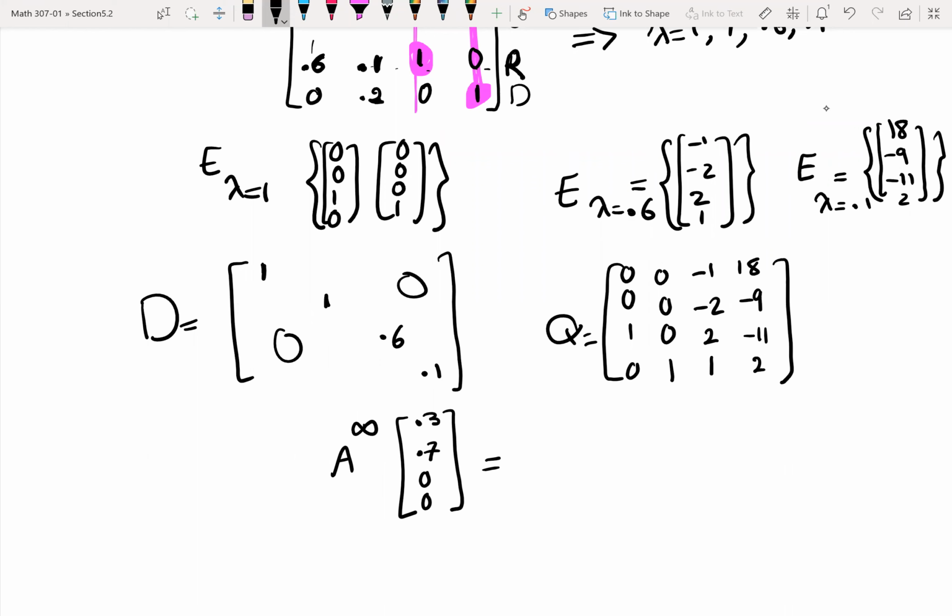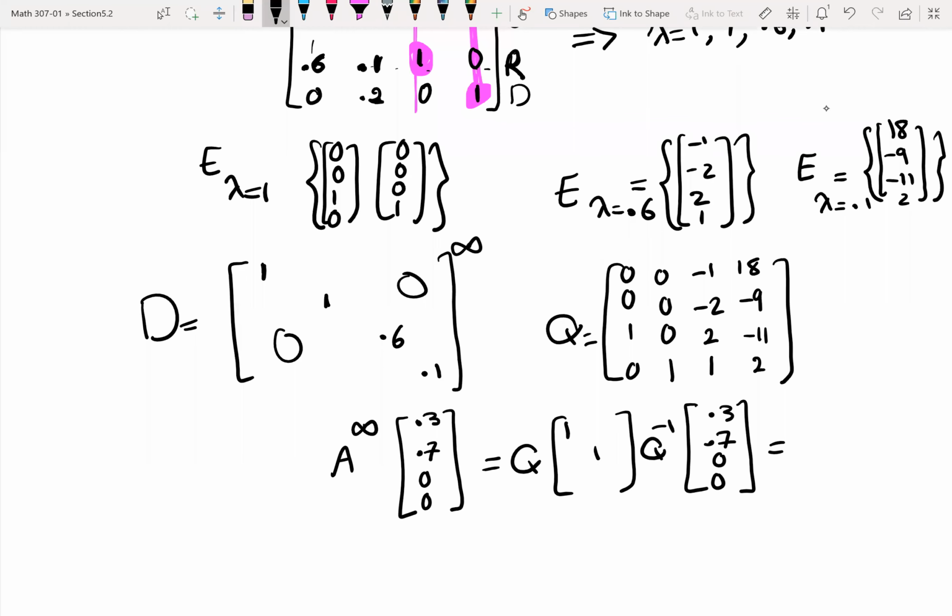So this is going to be what we have learned: Q, D, and then Q inverse, multiplied by whatever your given vector is. That's my diagonal matrix of 1, 1, because this is being raised to the infinite power.